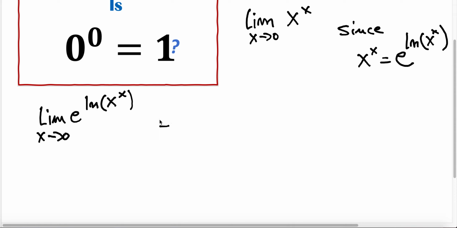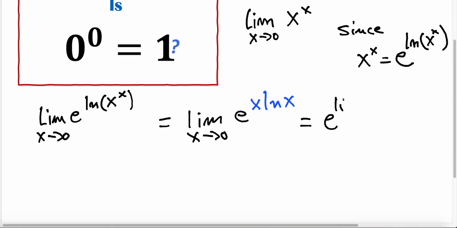And now this one we can write as a limit x approaches 0, e in exponent x ln x. I'm not using parentheses because it's much easier to go this way. And this we can write as e in exponent limit x approaches 0, x times ln x.